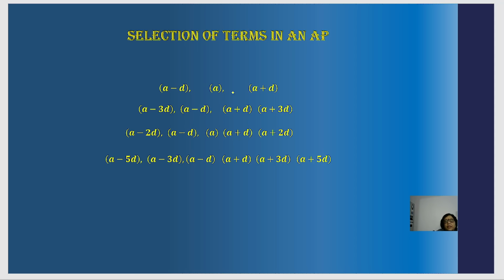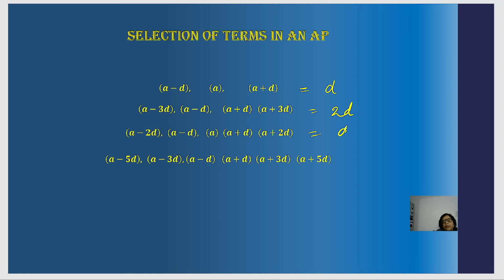But when we take this particular type of selection, for example, if you are asked for three terms in an AP, then if we take the order as a minus d, a and a plus d, then the common difference over here is d. And if we take four terms over here, we'll get a minus 3d, a minus d, a plus d, a plus 3d, and the common difference over here becomes 2d.